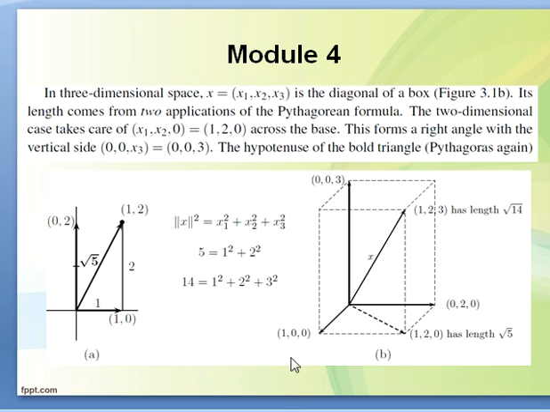Now similarly, if we are representing a point in a three-dimensional coordinate system, this is the origin, then we need to have a box or a cube. So let's consider the points as 1 0 0, 1 2 0 and 0 2 0.